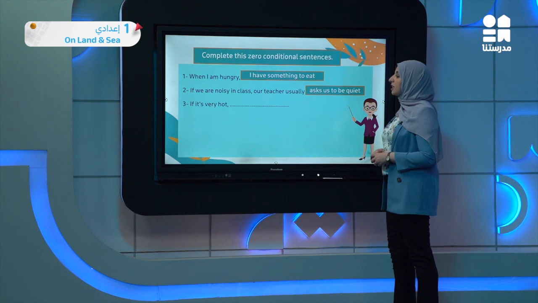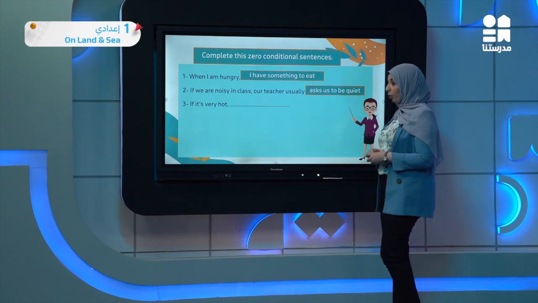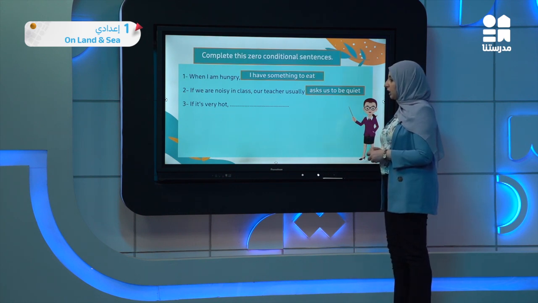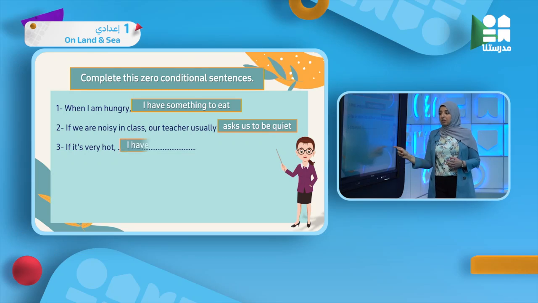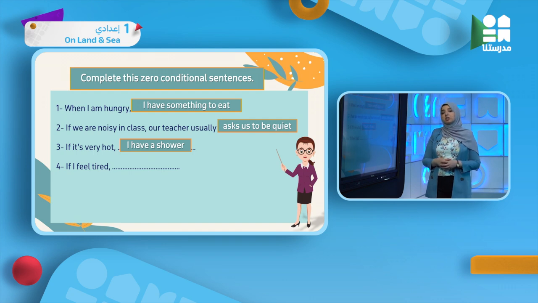3. If it's very hot، طبعا هنا ممكن أستخدم if or when. بعمل إيه ممكن؟ Think، فكروا معايا، if it's very hot ممكن أعمل إيه؟ My suggestion، اقتراحي، I have a shower okay or I turn on the air conditioning etc. 4. If I feel tired what can you do if you feel tired?